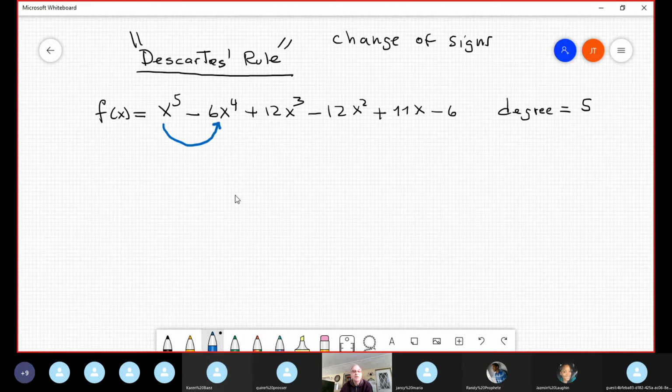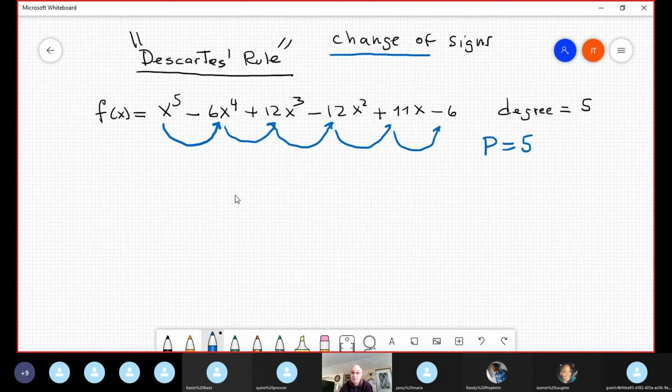Positive, negative. Negative, positive. Another change of sign. Positive, negative. Another change of sign. Negative, positive. Another change of sign. Positive, negative. Another change of sign. How many changes of sign do we have in total? 5. So I call P, capital P, equal 5. Capital P represents the amount of changes of sign.